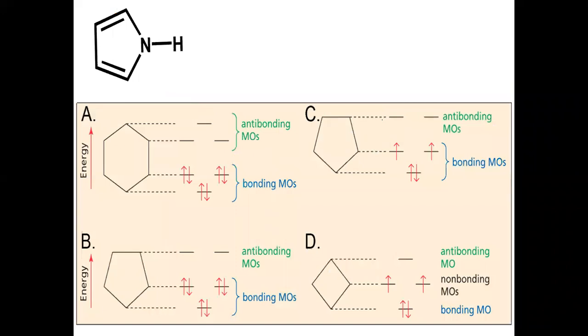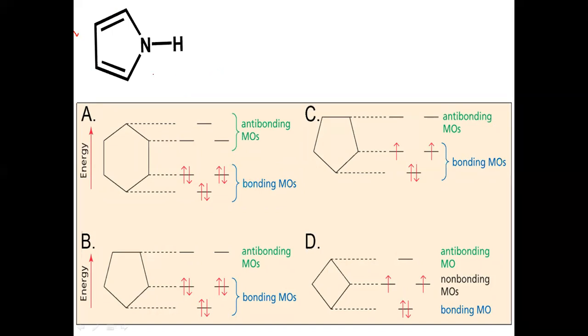Then you can see here the distribution of electrons in bonding and antibonding orbitals in the case of pyrrole. There are 4 different examples given. This question was asked in an exam, but I collected this question to understand how the electronic distribution can be understood from it.